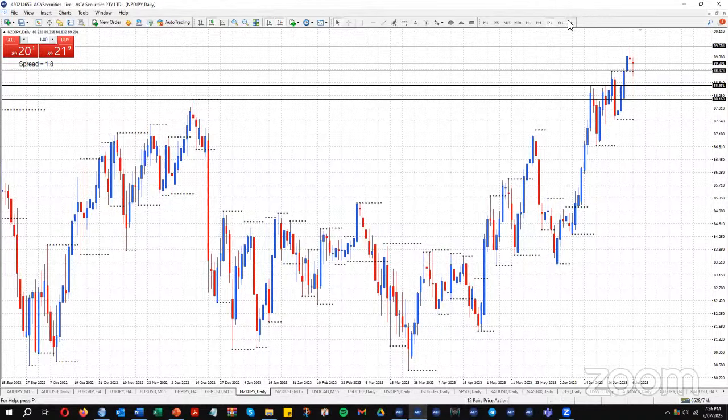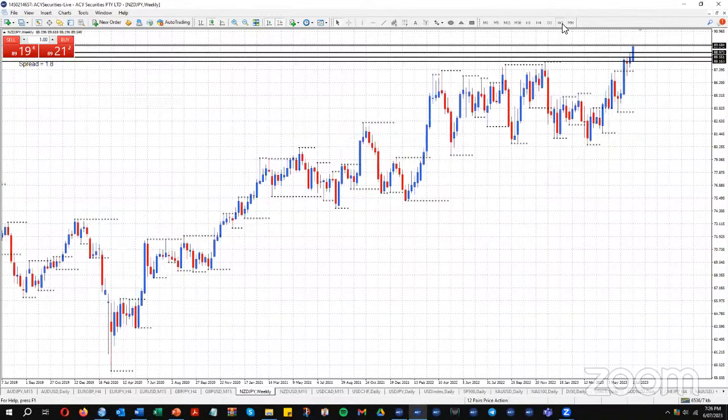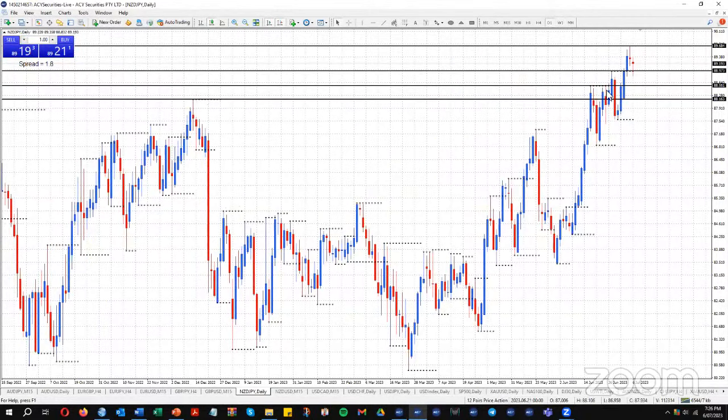It's just touched the next monthly level at the moment. It is in an uptrend on the monthly and the weekly, and I'm anticipating this is going to move higher. It's doing this thing where you get a long move and then a tight consolidating effect on the day chart here.